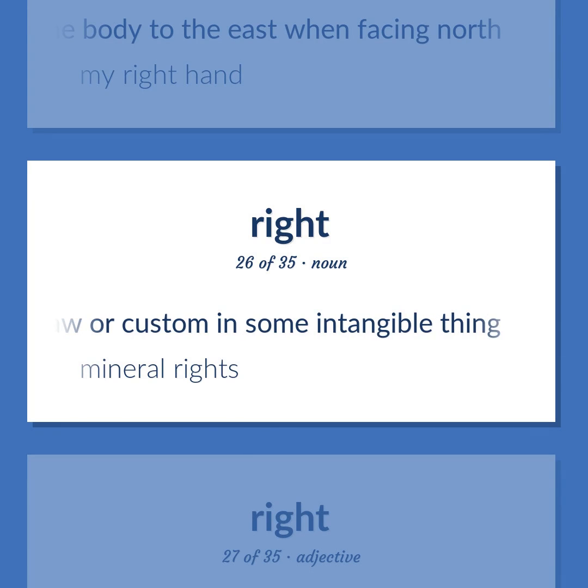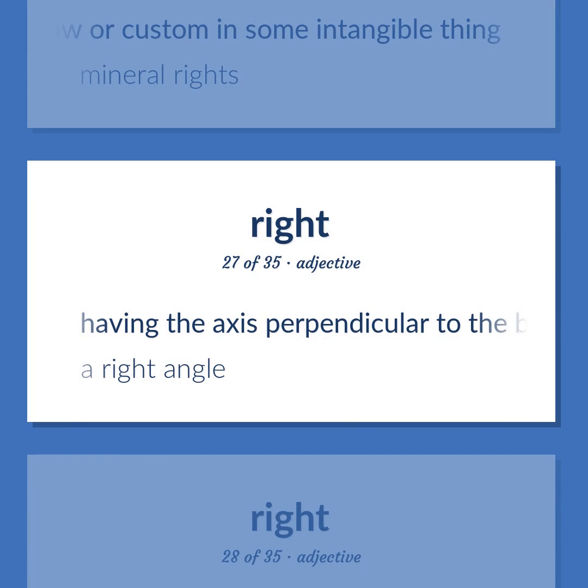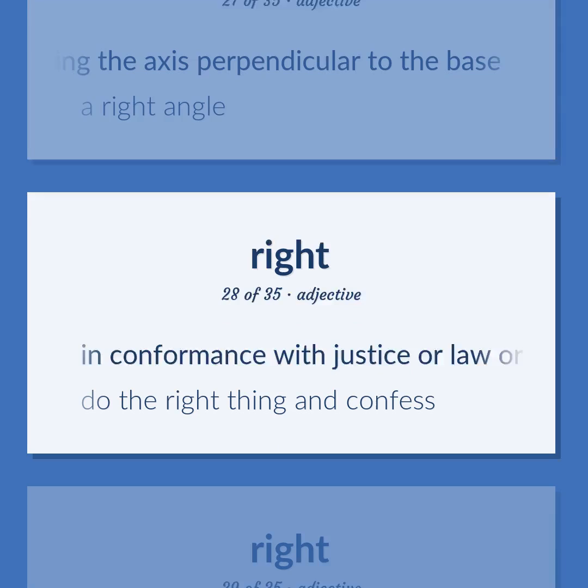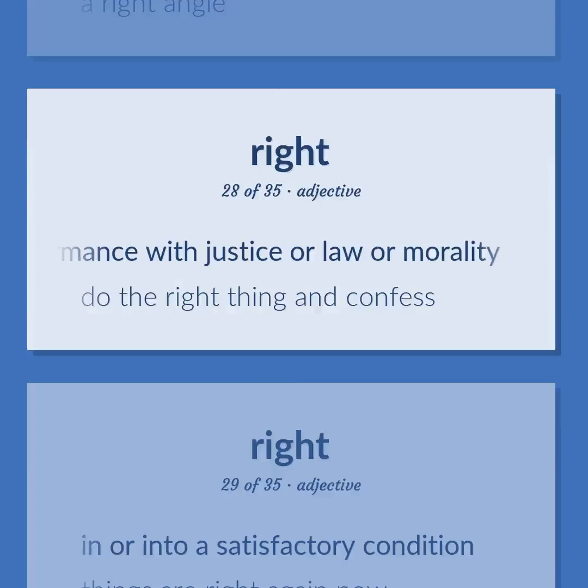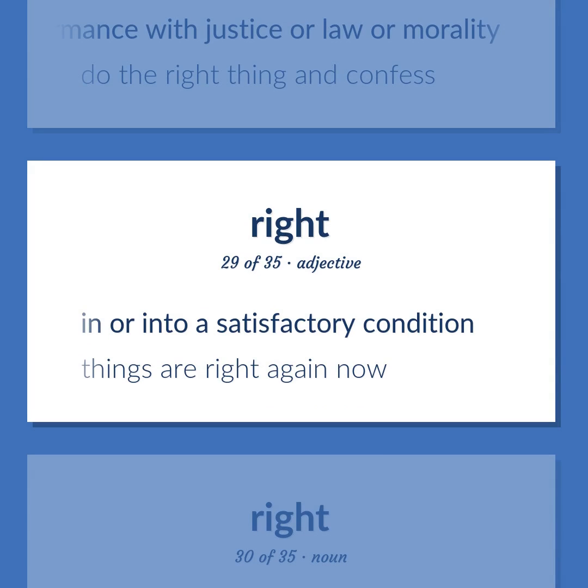Mineral rights. Having the axis perpendicular to the base. A right angle. In conformance with justice or law or morality. Do the right thing and confess. In or into a satisfactory condition. Things are right again now.